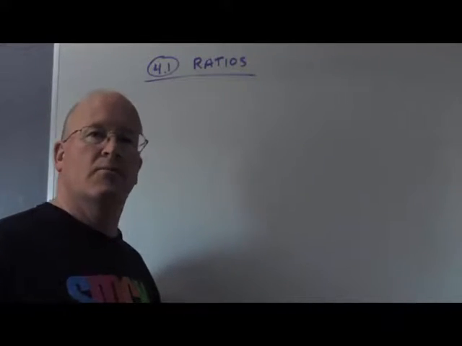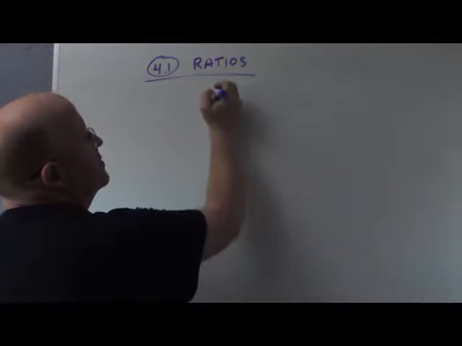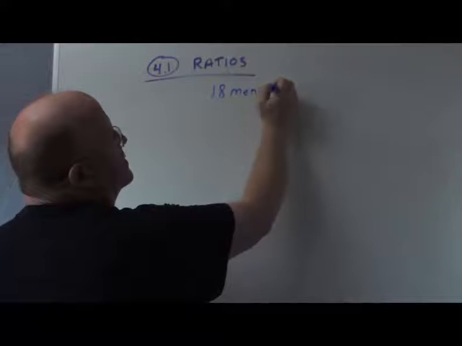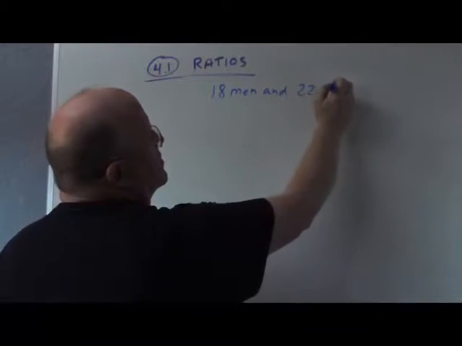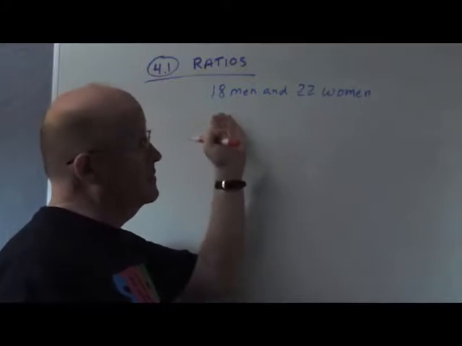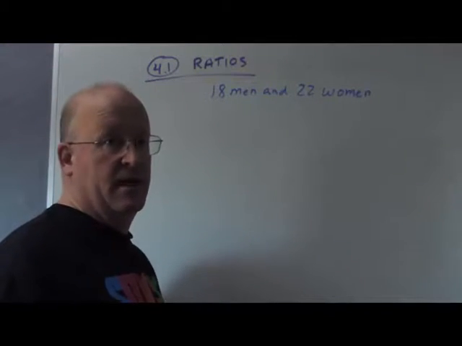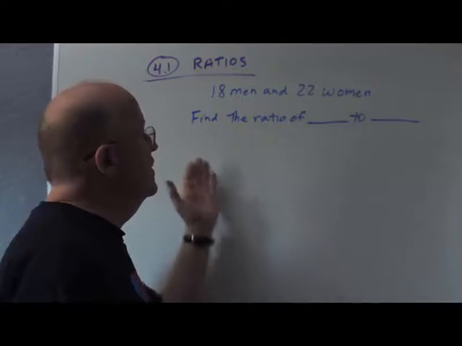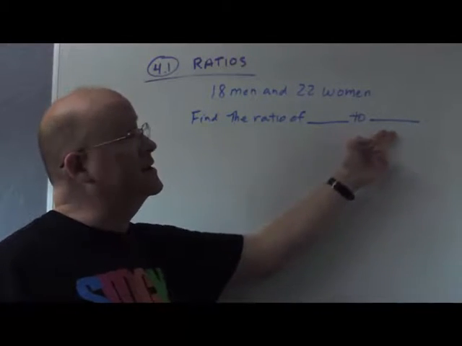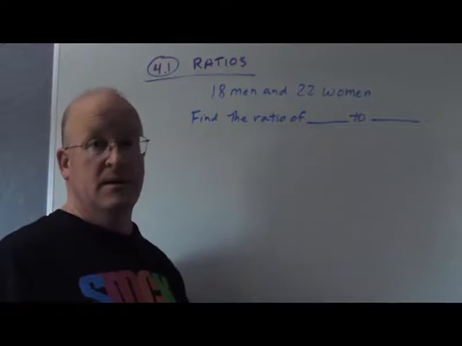I won't write the whole problem out, but let's pretend that your class contains 18 men and 22 women. So there are 40 people in the class altogether. We get that 40 by adding 18 and 22 together. When they then ask you to find the ratio of two things, you need to look carefully at what two things are being compared.